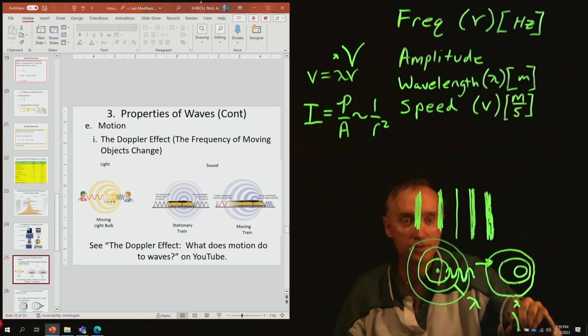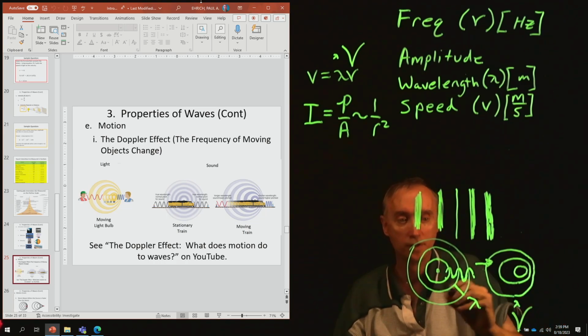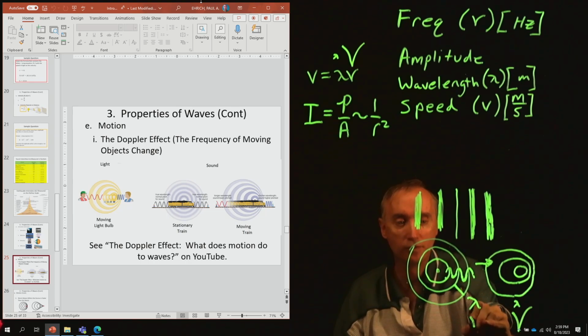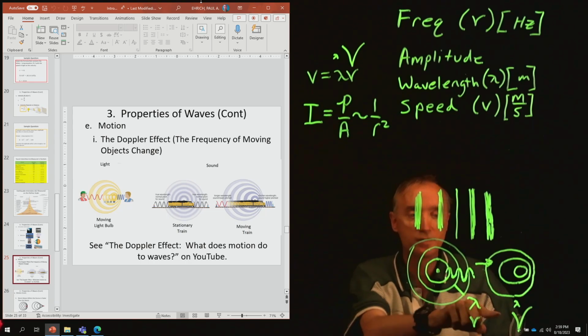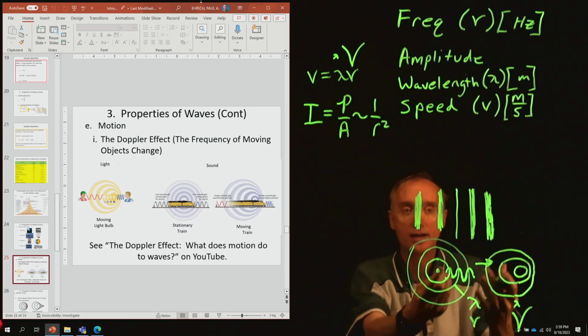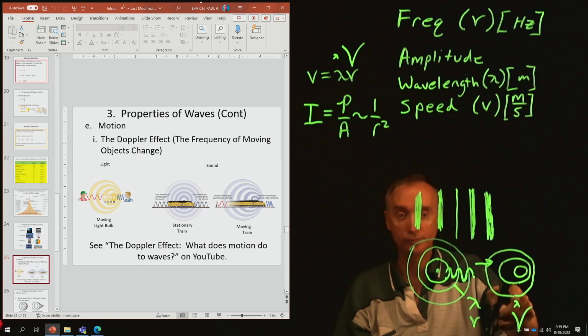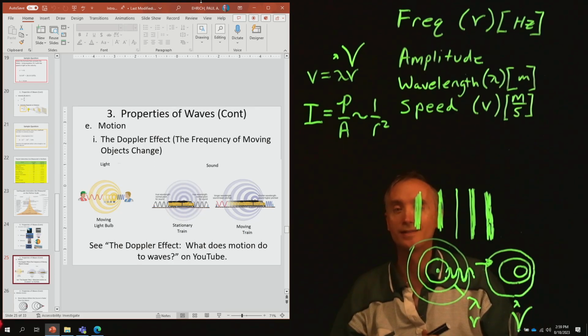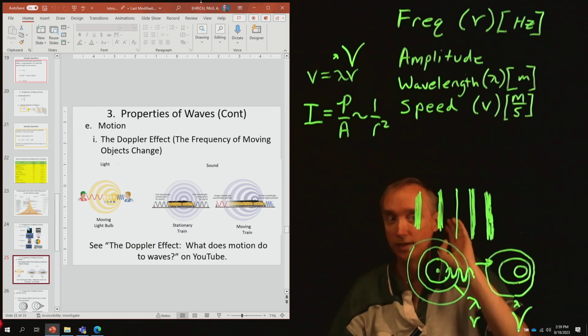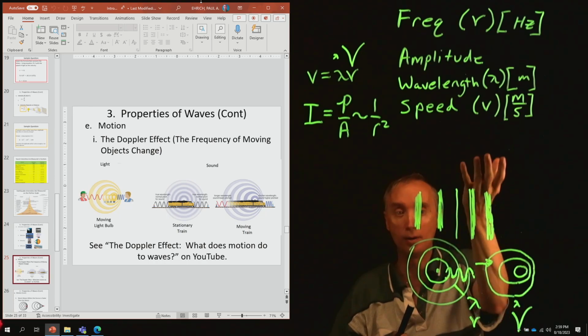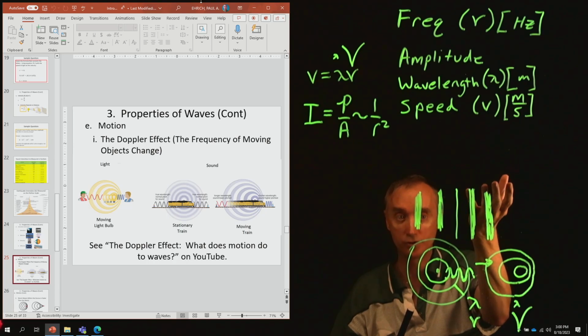So the frequency is going to be bigger. If this is the frequency before, this is the frequency after. As a wave is moving towards you, the frequency is going to get larger. So what does that sound like? Okay, so the pitch is going to go up, a higher pitch.